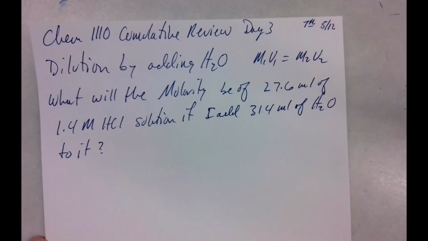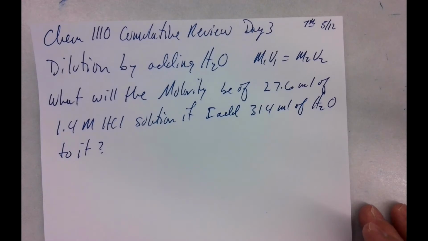Okay. So, it's a standard M1V1 question. To me, this is straight up plug and chug, right? There's 4 variables. They give me 3 of them, and they expect me to find the 4th, but make sure you pay attention to how this is worded.